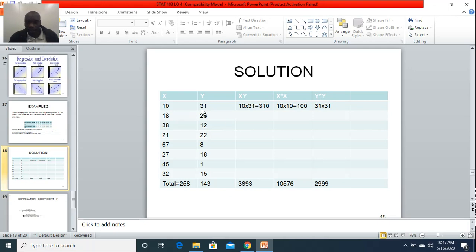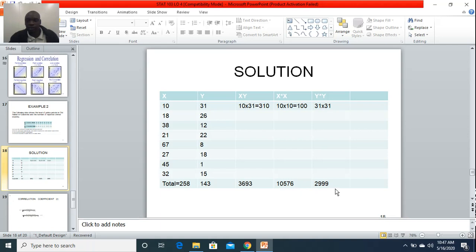We create a column, and the total that we get is this. You are supposed to fill in the gaps using the format that I have shown you. 10 times 10 is 100. You do the same, 18 times 18, like that. For y squared, 299.